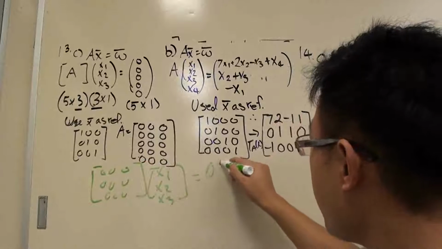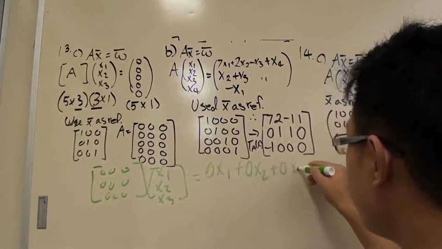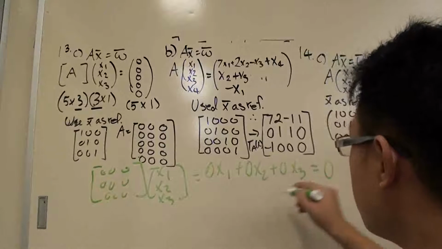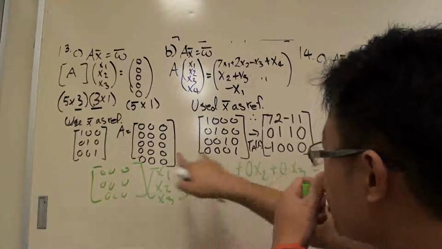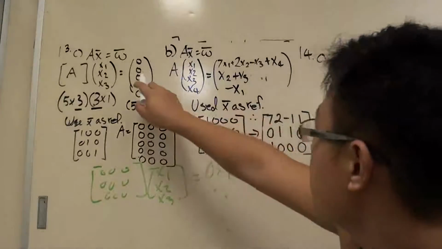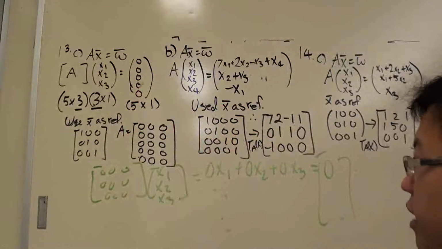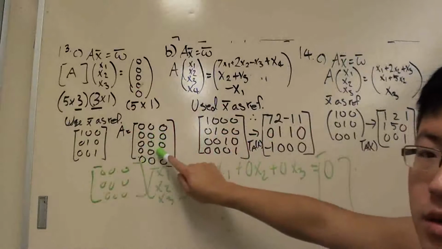You're going to get 0x1 plus 0x2 plus 0x3 gives me 0, and so on, which actually fits your overall W vector, right?